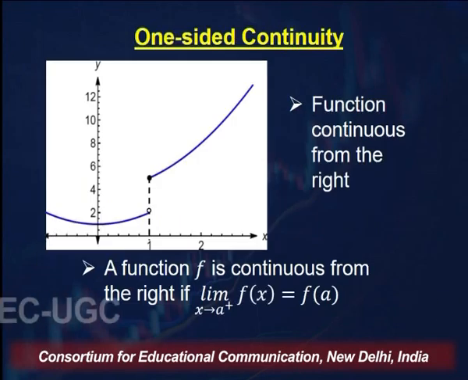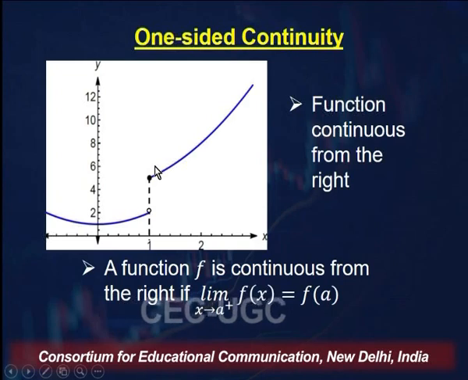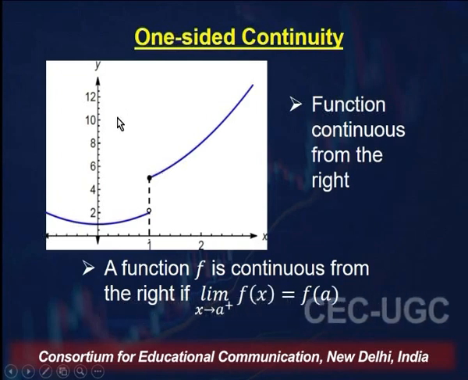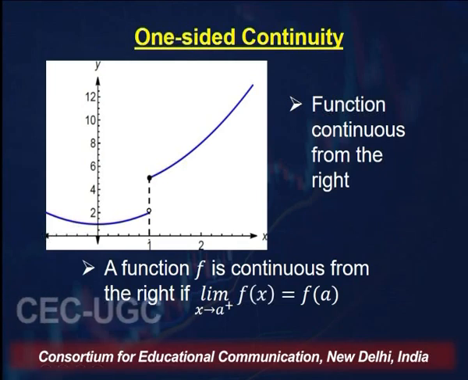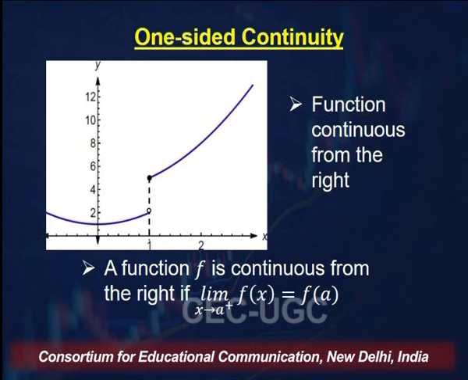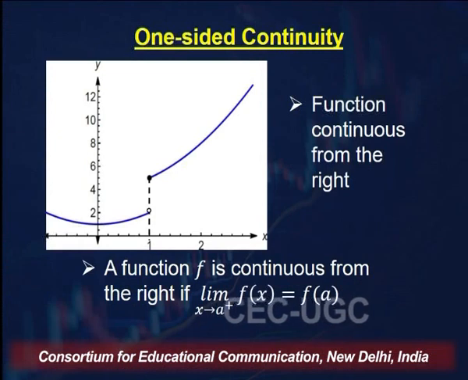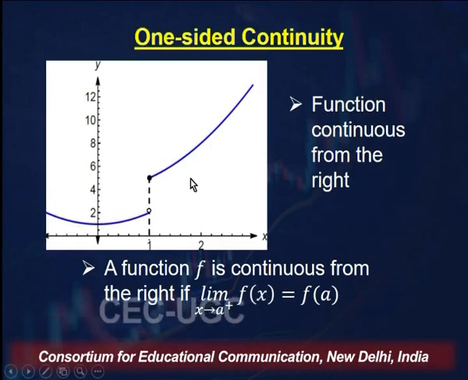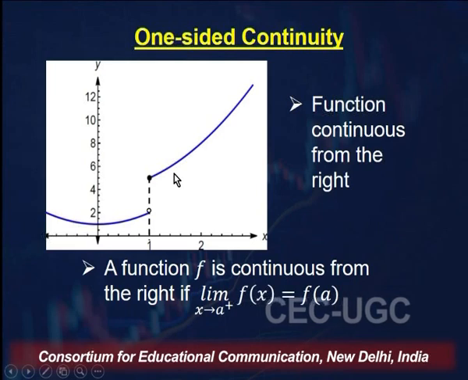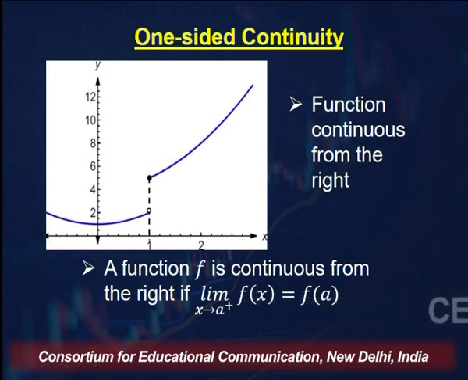Okay, now let's go back to the graph illustrating the jump discontinuity. Here we have a discontinuity on account of the limit not existing, but this corresponds to the two-sided limit not existing. If you modify things a little bit, you can talk of the right-side limit being equal to the value of the function at the point 1.